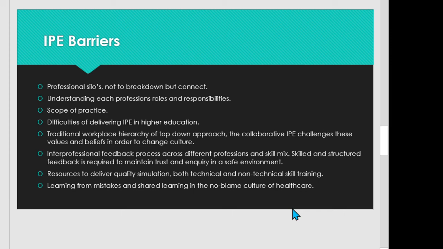Resources to deliver quality stimulation, both technical and non-technical skill training. So this is the lacking also. No, wala kay laboratory nga kung asa ni siya ma-apply. Supposedly ang training unta inana ang simulation ta sa laboratory would be like that, no, nga all allied health professions will be involved in one patient, so that the laboratory should be a collaborative.